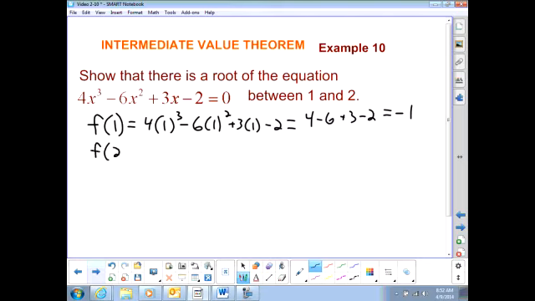We'll now do the same thing for 2, so we'll find f of 2. So we'll have 4 times 2 cubed, minus 6 times 2 squared, plus 3 times 2 minus 2.